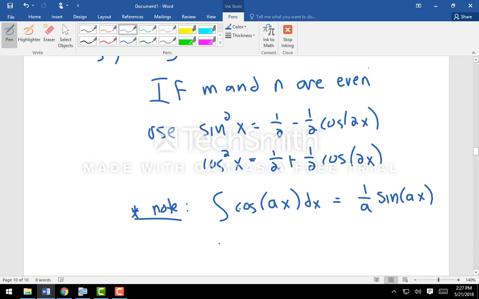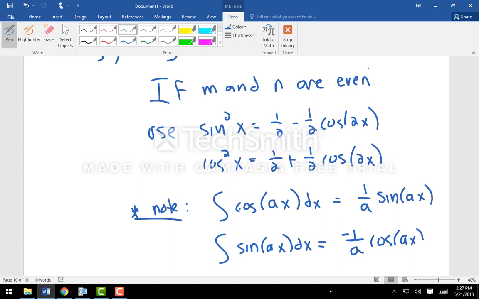And honestly, even though we won't see this in these problems, same thing applies for sine. If I'm integrating sine of ax, I'm going to get negative 1 over a cosine of ax. Technically, the derivative of cosine is negative sine, so the integral of sine is negative cosine. But I don't want to have to do u-sub on those problems. So these are the 3 main strategies that we're going to see for sines and cosines.